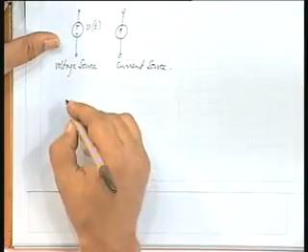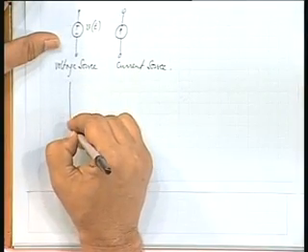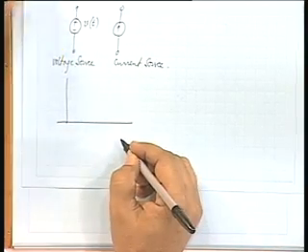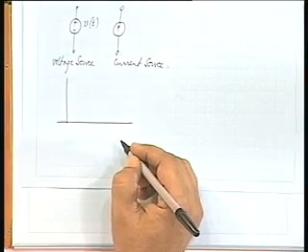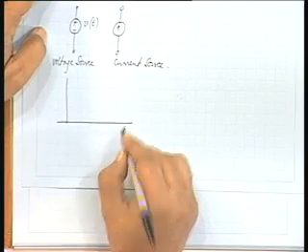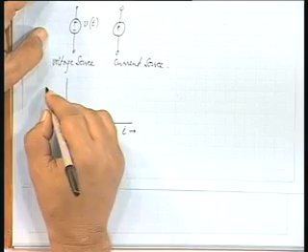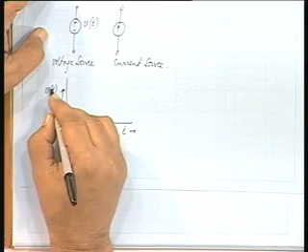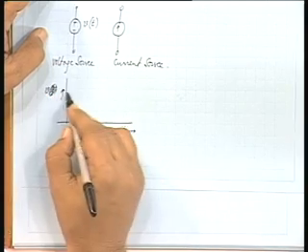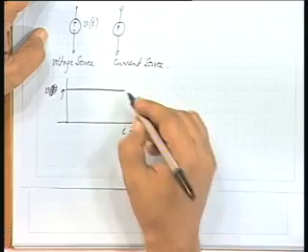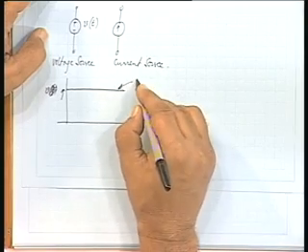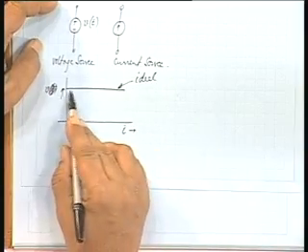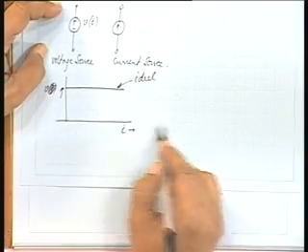Now, in reality, no source is ideal. An ideal voltage source will have a voltage current characteristics like this, that is ideal one. The voltage remains constant for all values of current.